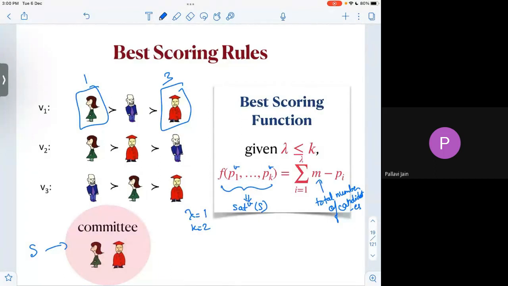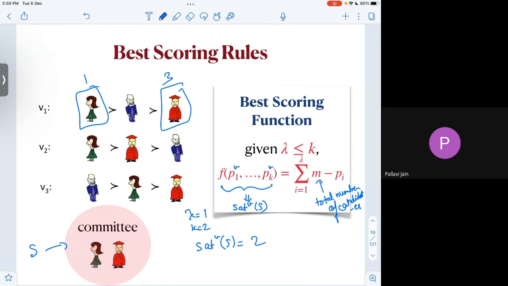Summation goes over 1 to lambda. Correct. So, what will you do? You will just do m minus p1. Right? So for voter V1, what is your satisfaction? 2. I mean, yeah, it happened in this example.